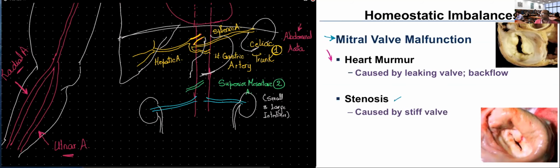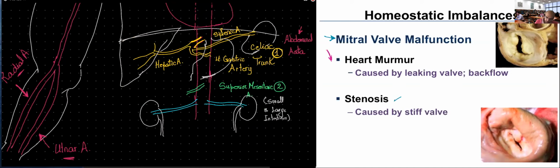What do you think we're going to call those arteries that are supplying the blood to the kidneys? Something related to the kidneys is called what? Renal. So those are my right and left renal arteries.